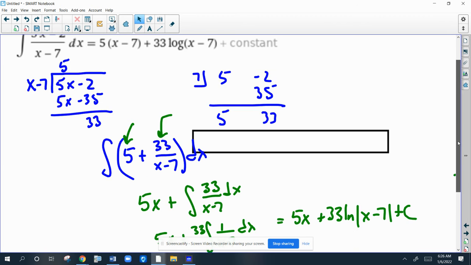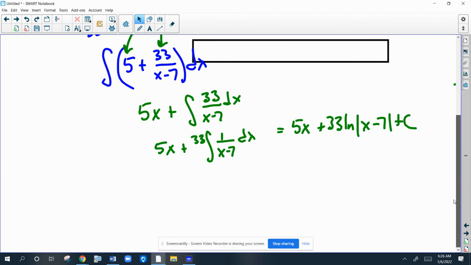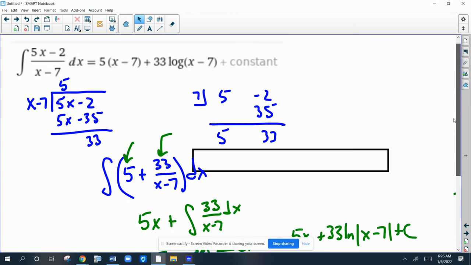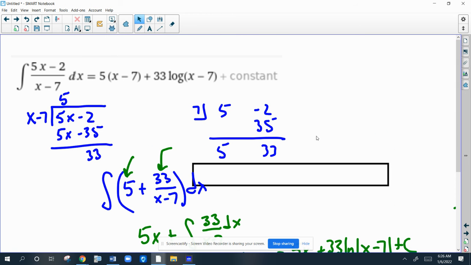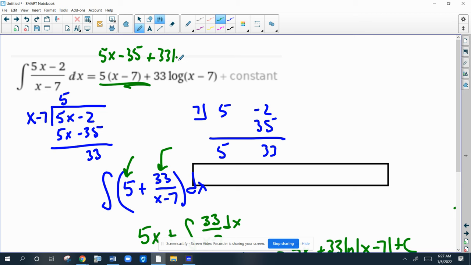Now you notice, again, if you're checking with Wolfram Alpha, it's a little bit different. They have 5 times the quantity x minus 7. And that's just something, I guess, in their algorithm. So you could change this part to 5x minus 35 plus 33 log of x minus 7.